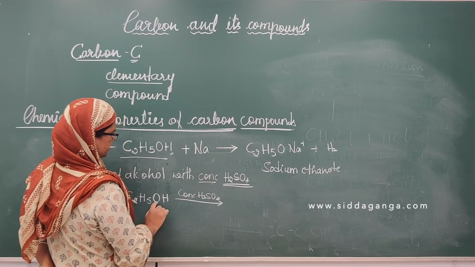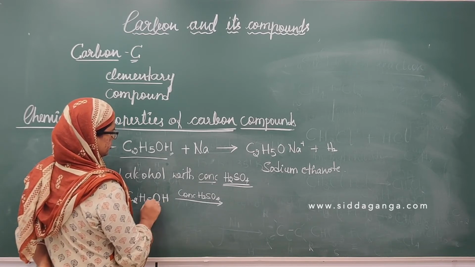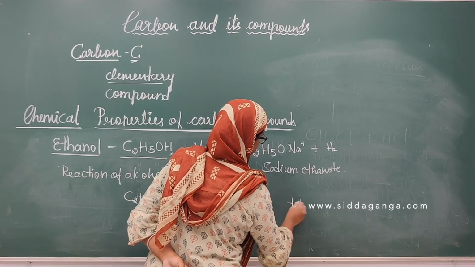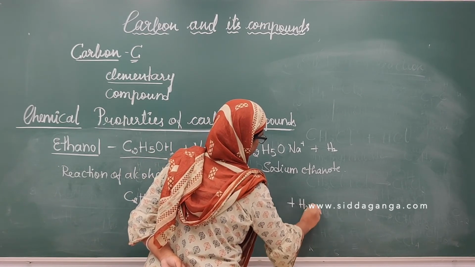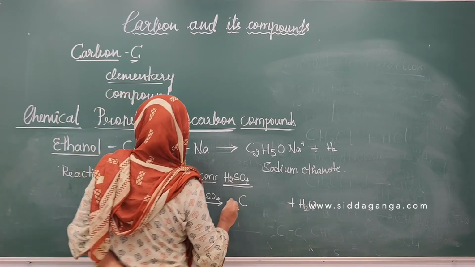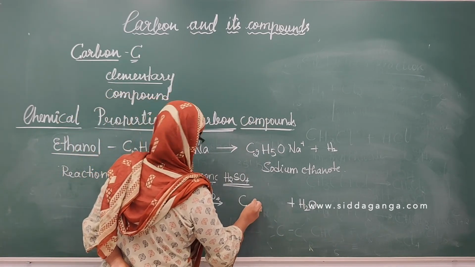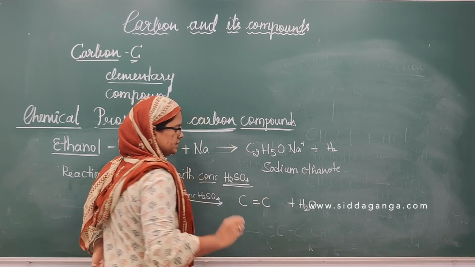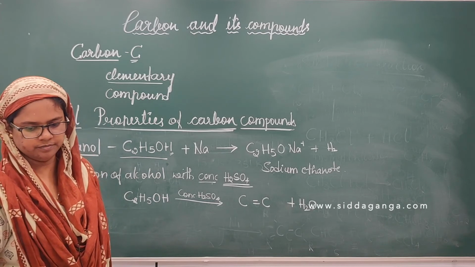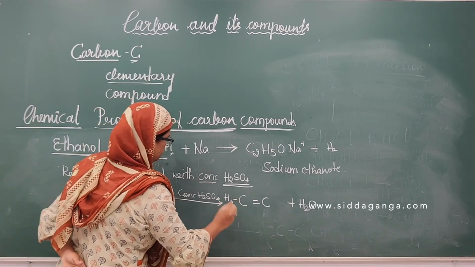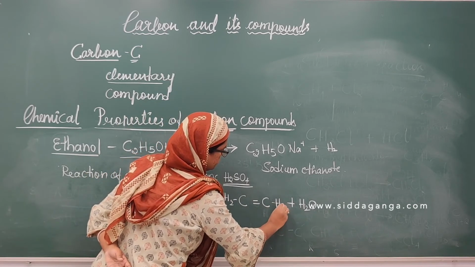Here we have C2H5OH, and if H2O gets removed, what will be the product? C double bond C, with H2 and H2.